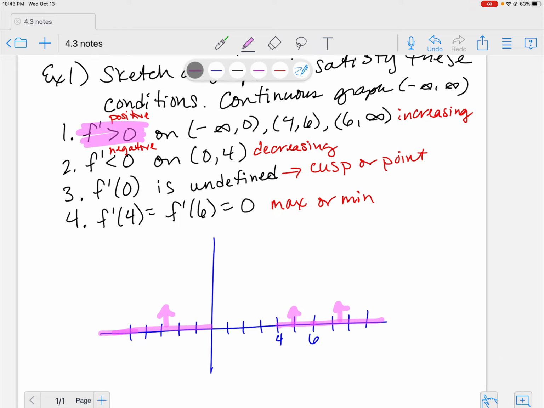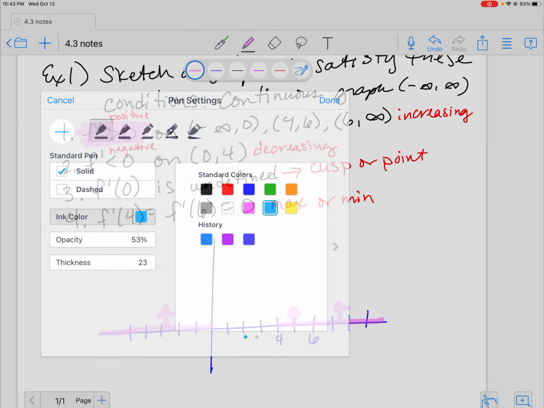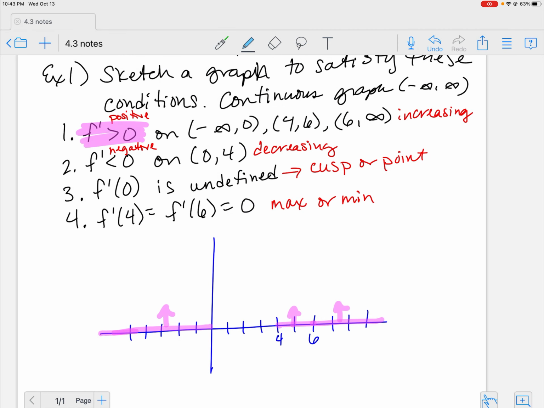All right. Well, I'm negative, so I'm decreasing. Let me change my color up a little bit here. From 0 to 4, then I know my graph is decreasing. Okay, good to know. So it's negative slope, so my graph is decreasing.